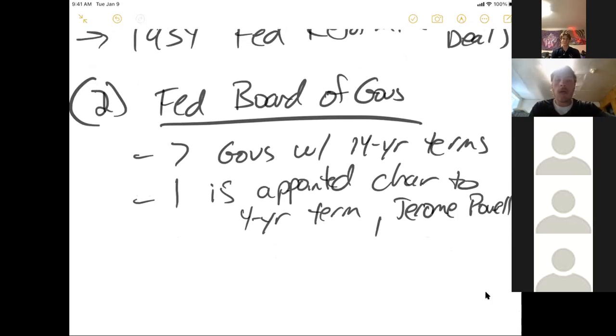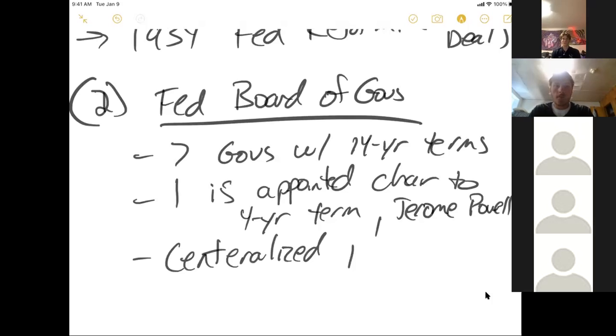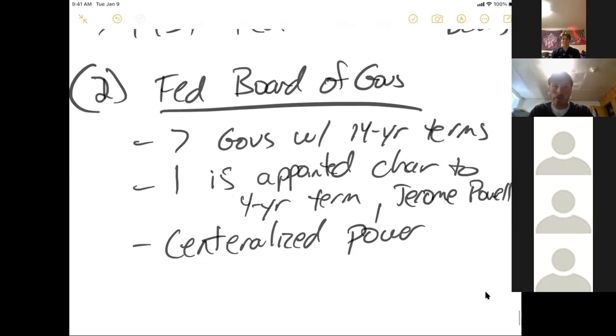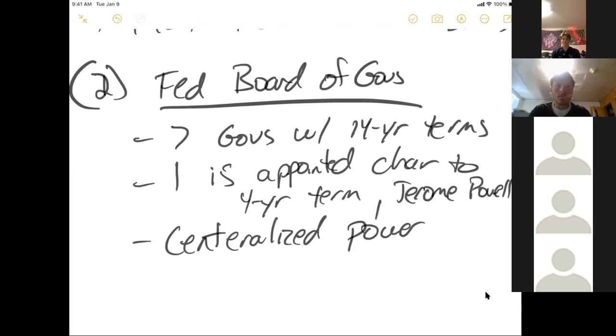It is really with this Board of Governors that most of the power is today. It is the Board of Governors who essentially run the Federal Reserve. Many of the bigger, more executive functions have been moved from the regional banks up to the Board of Governors.